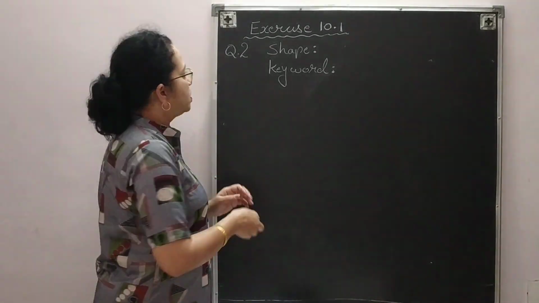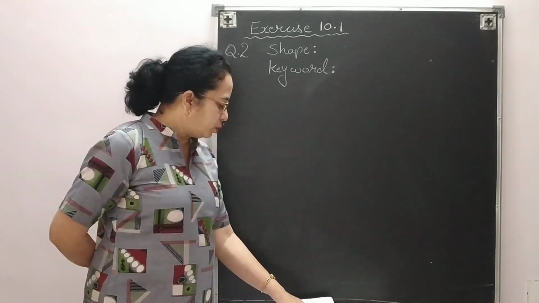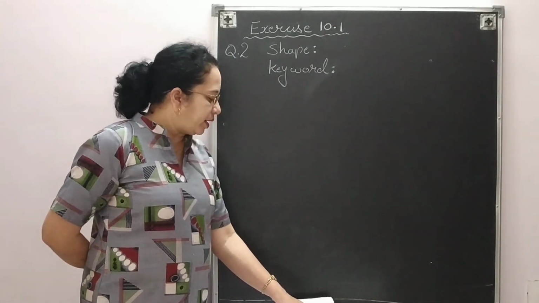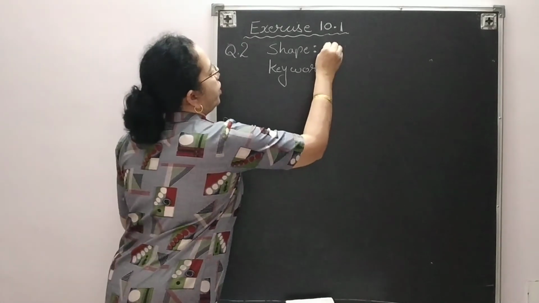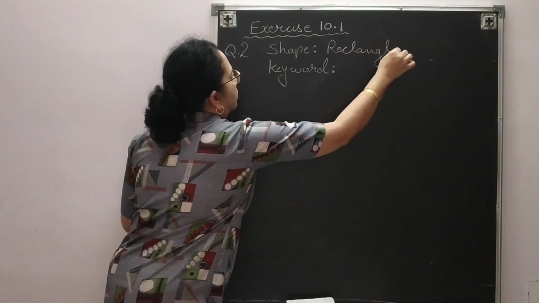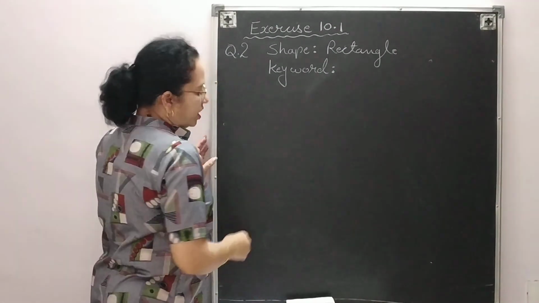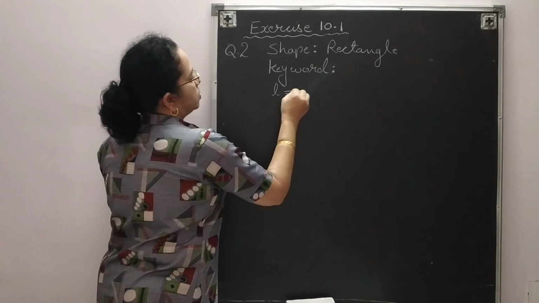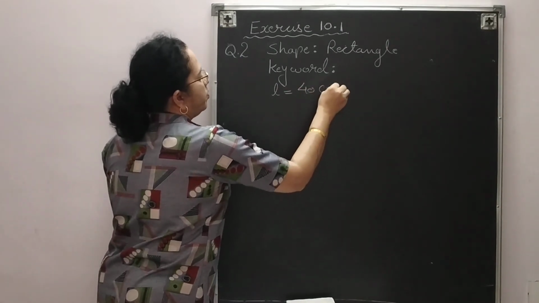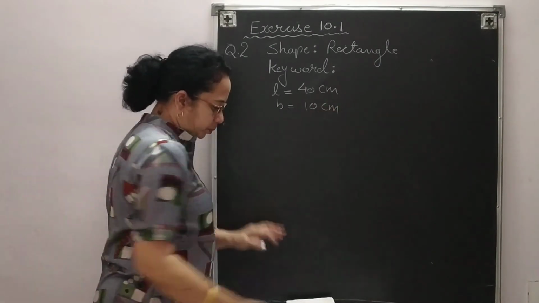Now I am going to start with question number 2. So let me read question number 2. The lid of a rectangular box. So which shape is given? Rectangle. Of side 40 centimeter by 10 centimeter. So length is 40 centimeter and breadth is 10 centimeter.